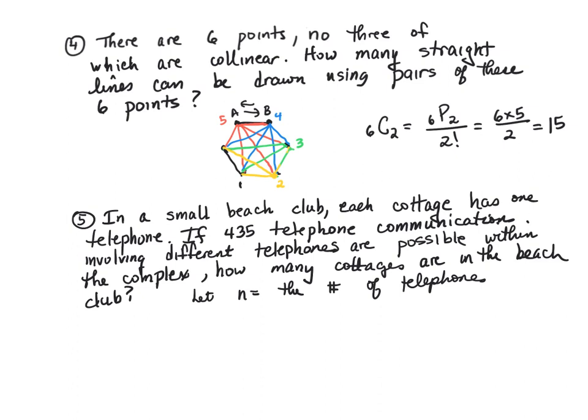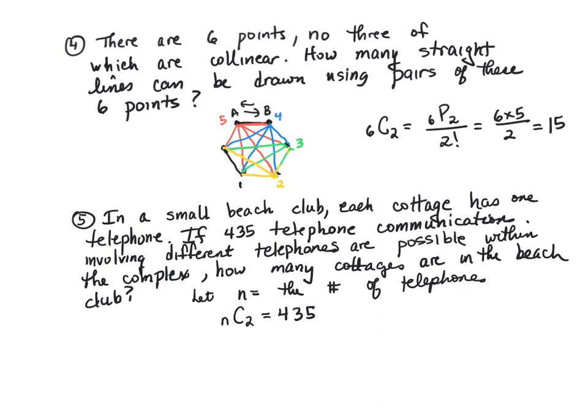And the equation would be nC2, because we're only connecting one telephone with another line, but we cannot repeat that, is equal to 435. So this is almost like asking, how many dots can I make on my diagram so that when I connect between any two dots, I will have 435 connections?